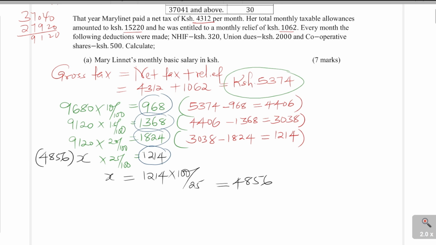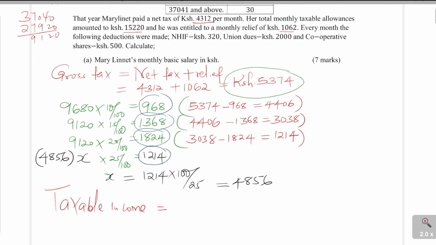So now, this is tax, and this is taxable income. The taxable income is given by adding all these: 9680 plus 9120 plus 9120 plus 4856.